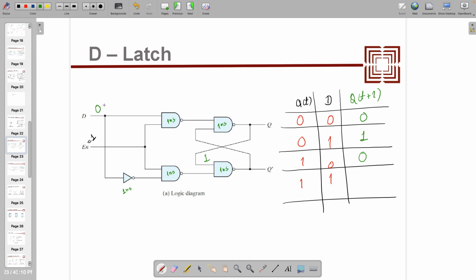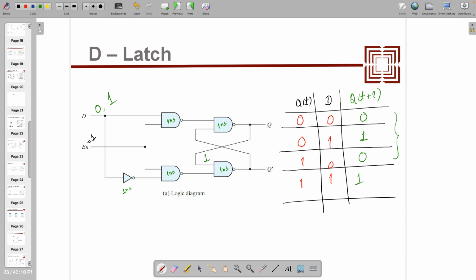If both are 1, if this is 1, what will the Qt+1? Can you see the pattern? Like last time we were saying set and reset. Actually, by looking at these three values, can you see that Qt+1 is exactly equal to D?